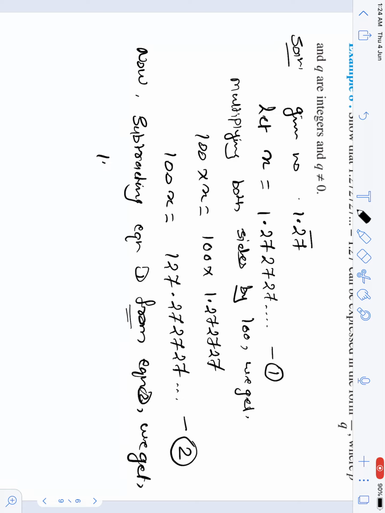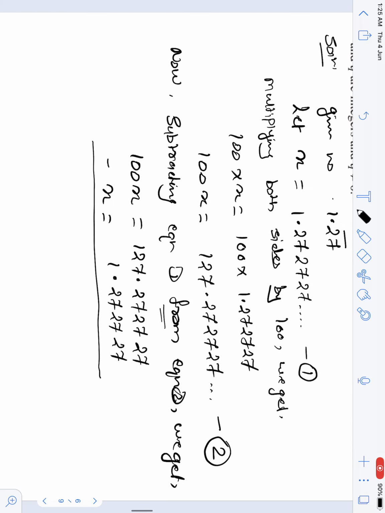So equation number 2 is 100x equals 127.272727. Now we have to write our equation number 1, that is x equals, and remember, as I told you, the decimal should be written below the decimal, so you will get x equals 1.272727. We have to subtract it.